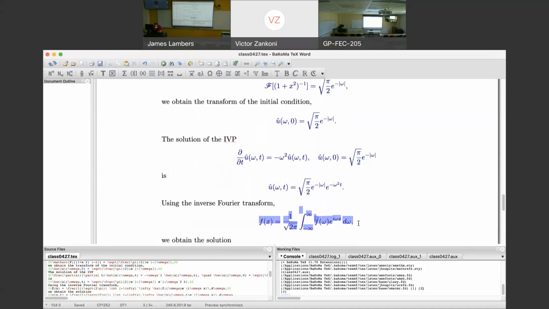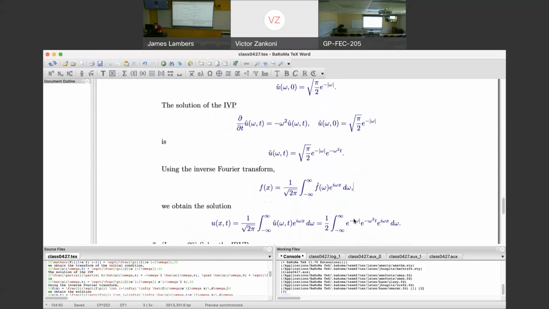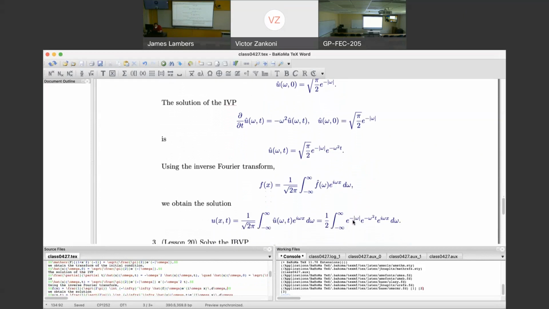Then apply the inverse transform. And of course, the problem may say you can leave this in integral form, so you go ahead and do that. So just be sure to pay attention to what each problem says as to whether an integral answer is okay, or if it says any integrals must be evaluated.